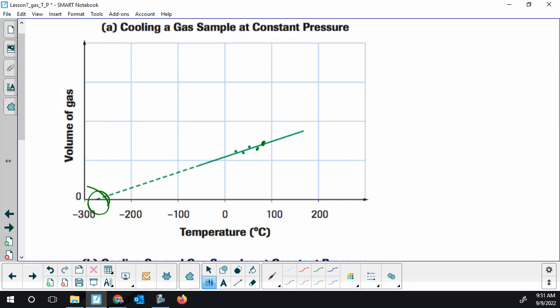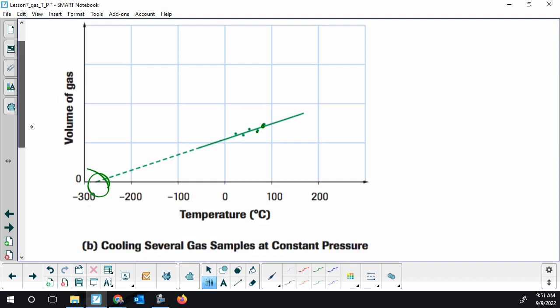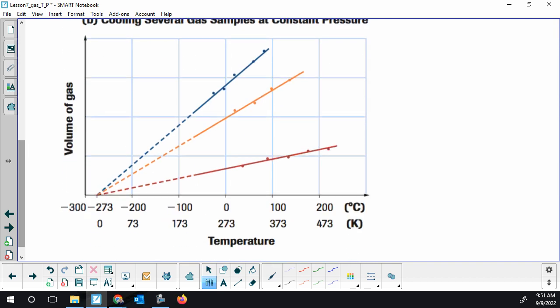Now that worked with one gas, and then they've redone this experiment with all kinds of different gases, where the blue, the orange, and the red represent different gases. And it doesn't matter what gas they pick. When they extrapolate it out, they keep getting this 273 number. So it's scientific investigations combined with extrapolation. And you can do this with temperature and pressure.